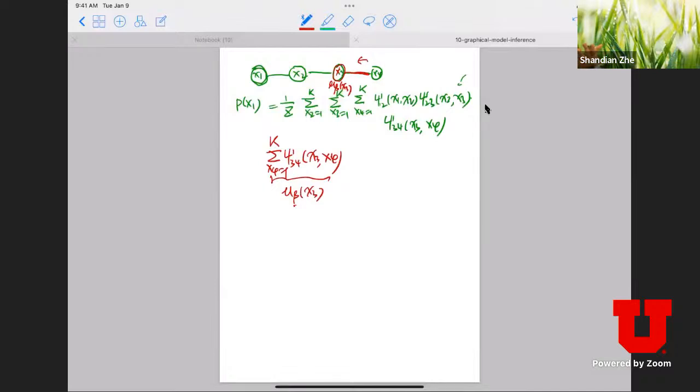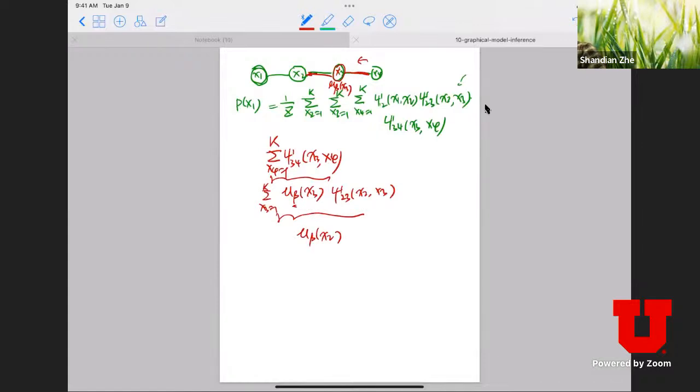Next, we multiply this intermediate result with one potential function to the left, which is psi 2,3 of x2, x3, and conduct the second level of summation over x3. After that, we get a function of x2 only.